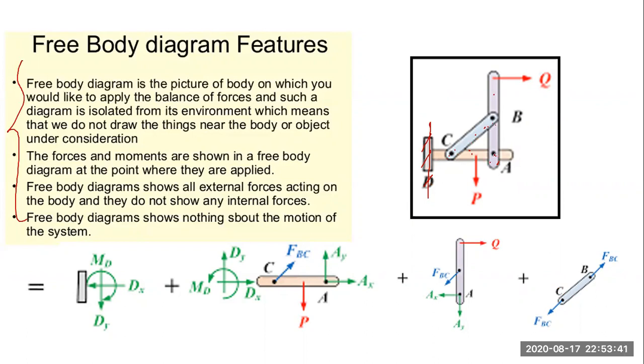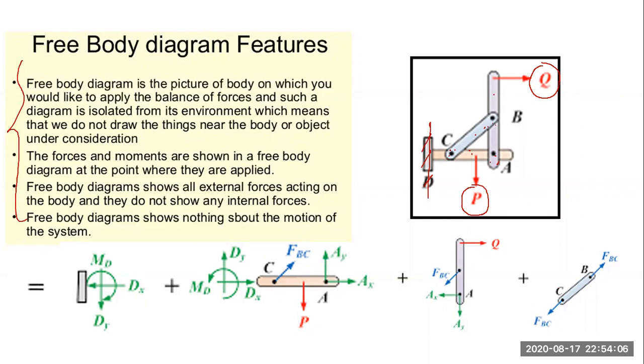Now we know how to replace, and these are the externally applied forces, direct forces. This P is also an externally applied force. In this diagram, we cannot assume the entire body as a point body, or you can, but it is better to consider it element wise or link wise.